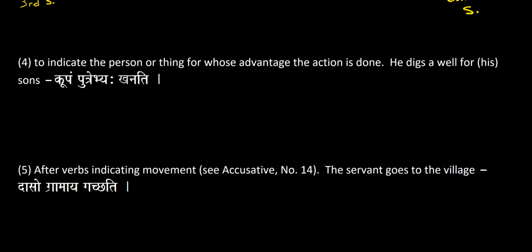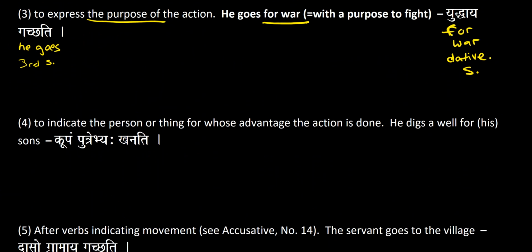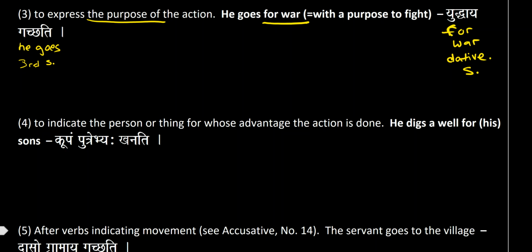The dative case is also used to indicate the person or thing for whose advantage the action is done. In this example sentence, we have, he digs a well for his sons.